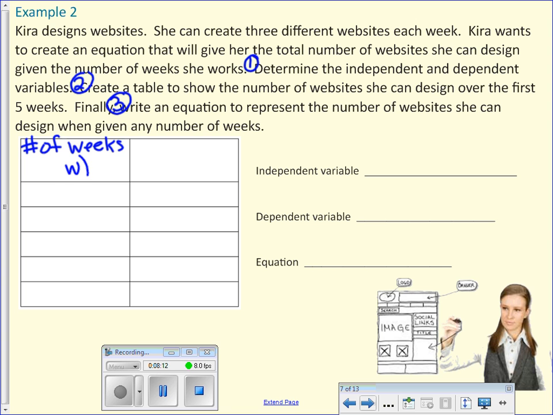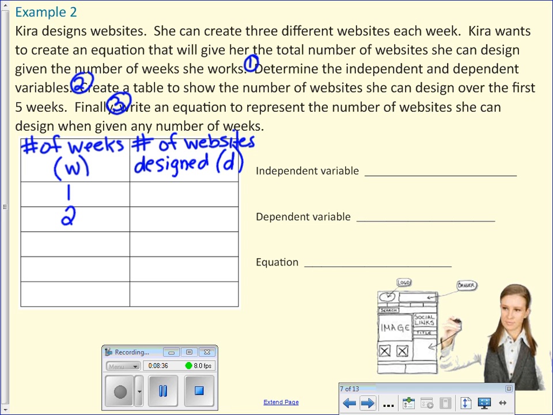and that could be W. And then what's the other thing that I'm counting? The number of websites designed, so I'll label that with the variable D. And they want to know for the first 5 weeks.